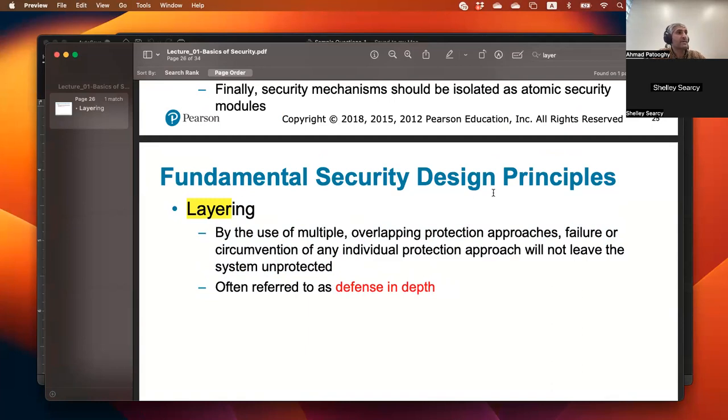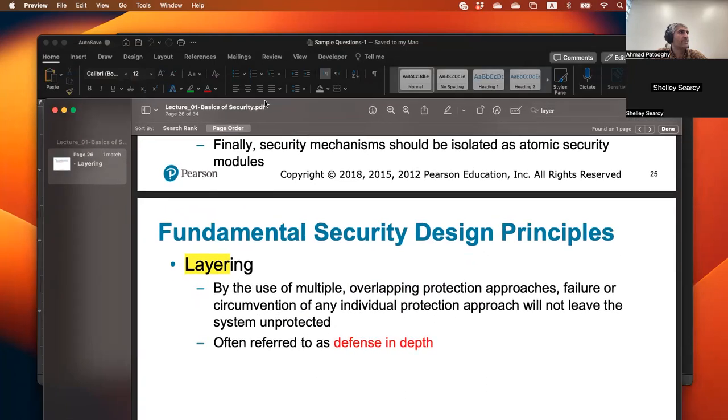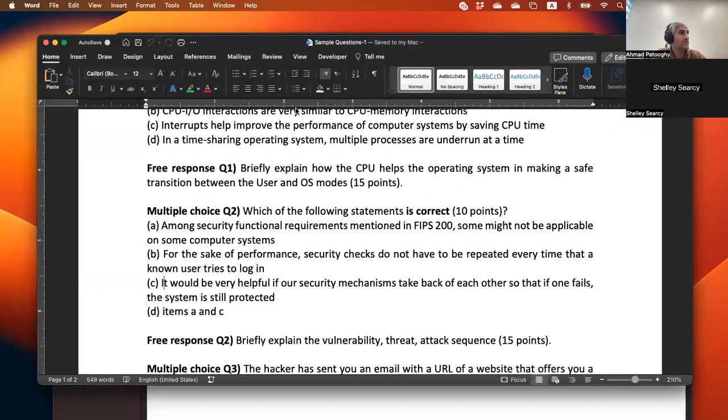So this is the security principle that I referred to, saying that we have multiple overlapping protections, and here overlapping means that they take care of each other to some extent. Of course, they are not replacements of each other, because if they were, you would have redundancy. But to some extent they help each other, and that's why I agree with you that this term is a little different in terms of wording.